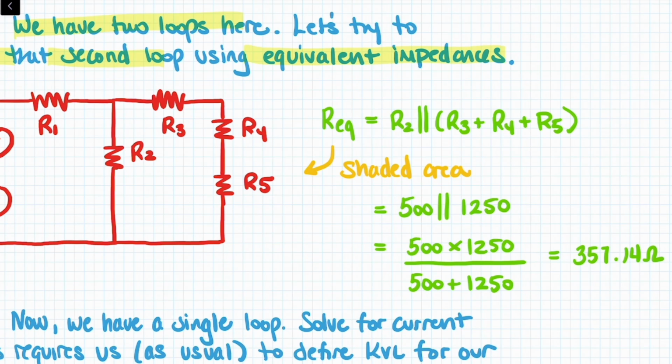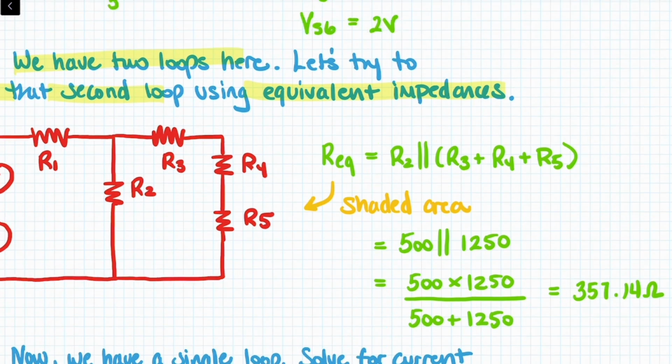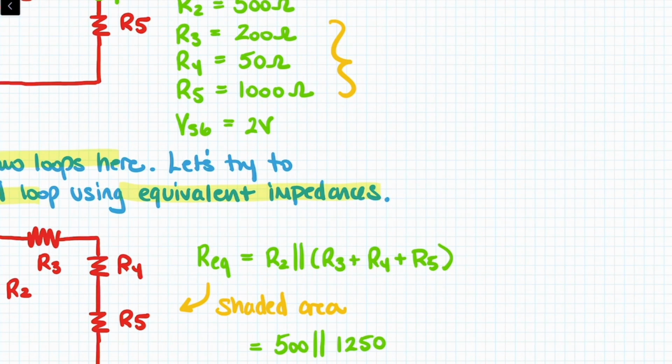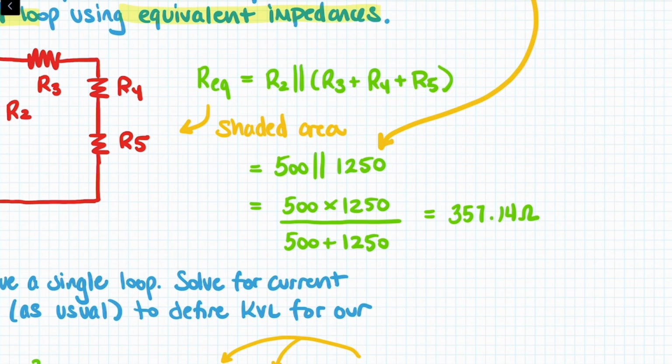Hence that equation. Now R3 plus R4 plus R5 gives us 1250. You can see that up here, and we drag that value down here. And then 500 is the R2. So we calculate the parallel equivalent value for 500 and a 1250 ohm resistor, which gives us 357.14 ohms.